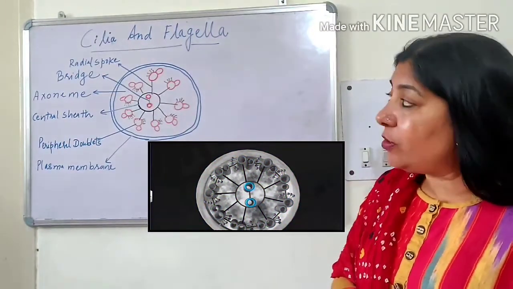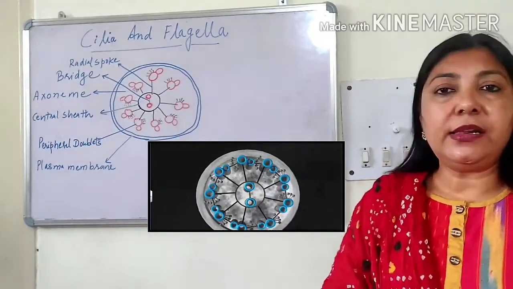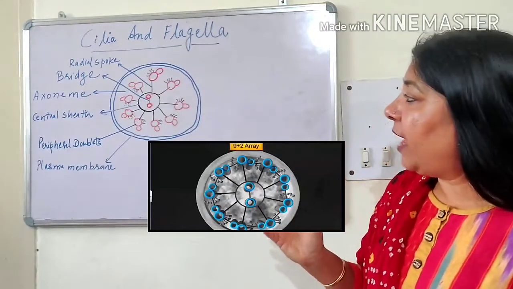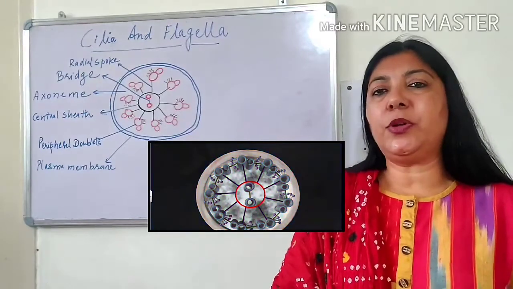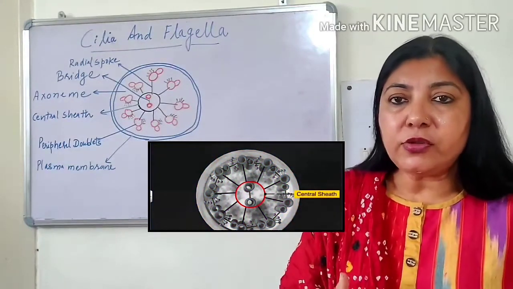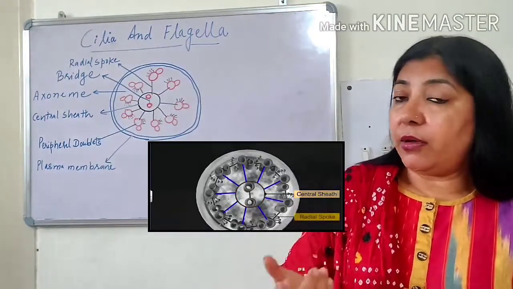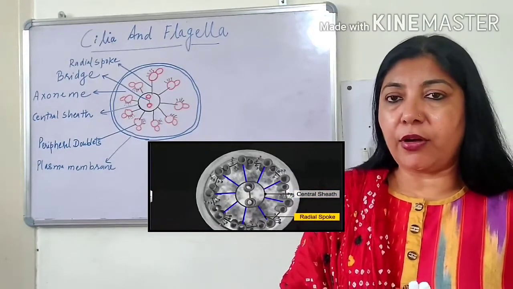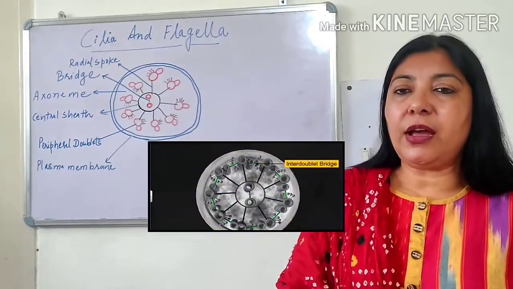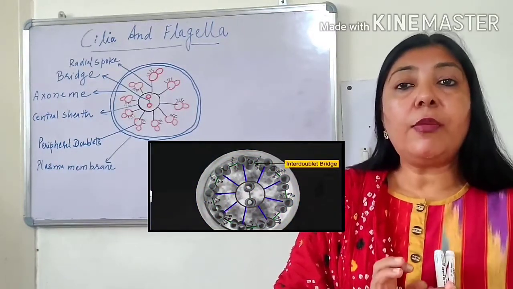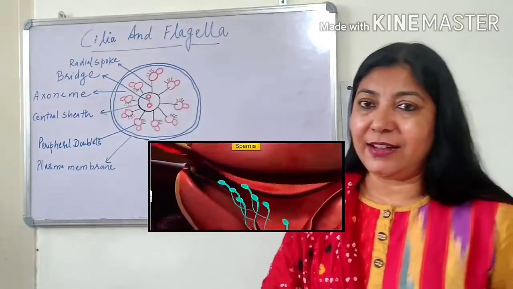These doublet microtubules, they are connected with the help of radial spokes, as well as there are some protein outgrowths. These cilia and flagella are mainly responsible for providing the movement to the cell in case of flagella mainly, and in case of cilia. In case of paramecium, cilia are locomotory organ. In human beings, as I've already mentioned, these cilia are present in our bronchi and in the fallopian tube for propelling the substance forward. So this is about cilia and flagella.